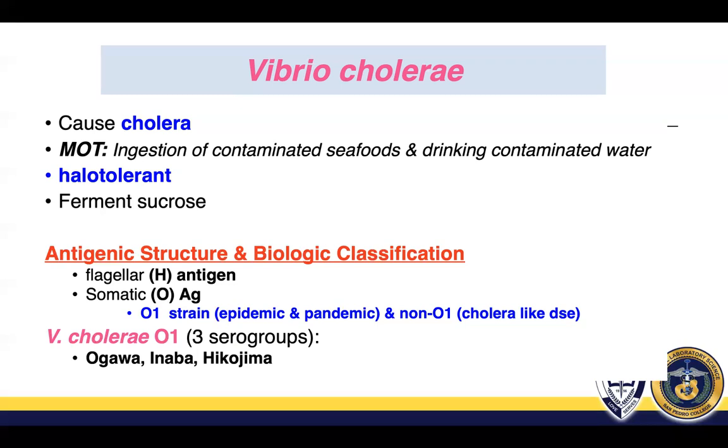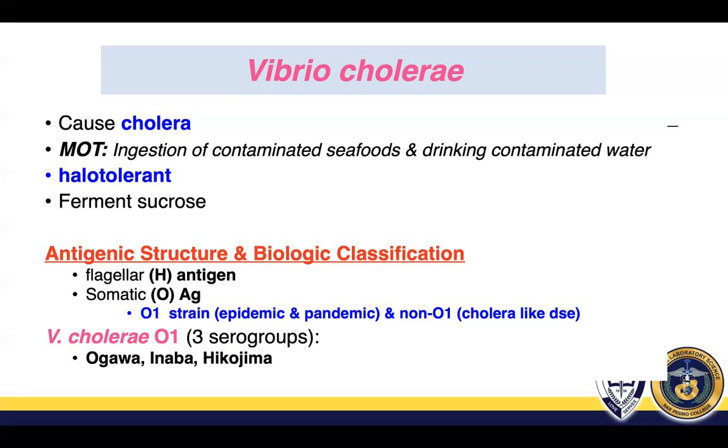For antigenic structure and biologic classification, it possesses a single heat labile flagellar antigen. H is the symbol for flagellar antigen. They only have one, but it's poorly immunogenic. They also possess somatic or O antigen, which is serologically specific. There are about 130 to 139 serogroups of the O antigen.